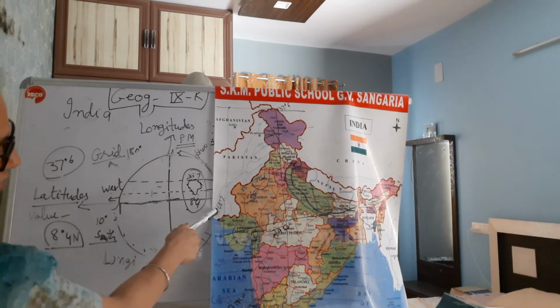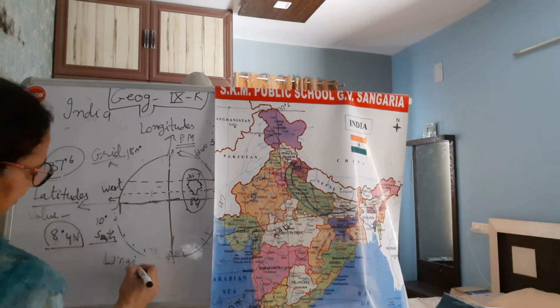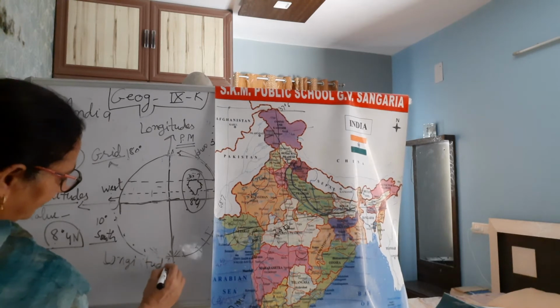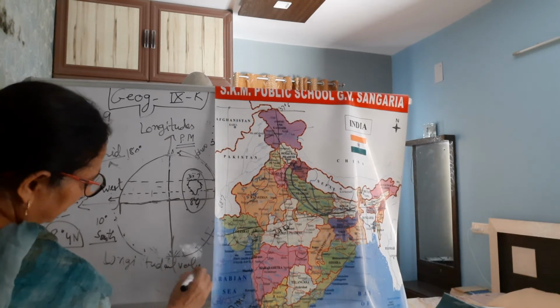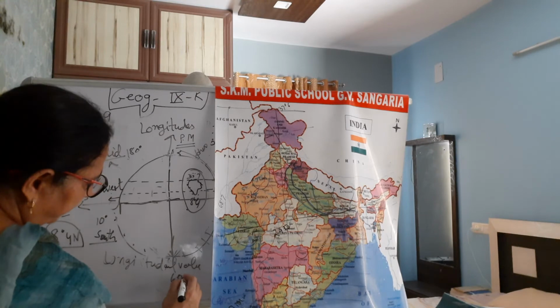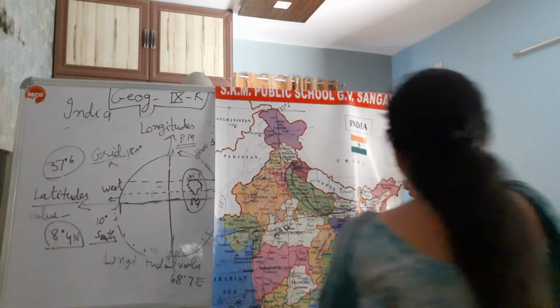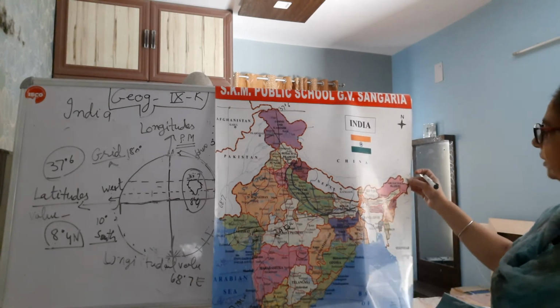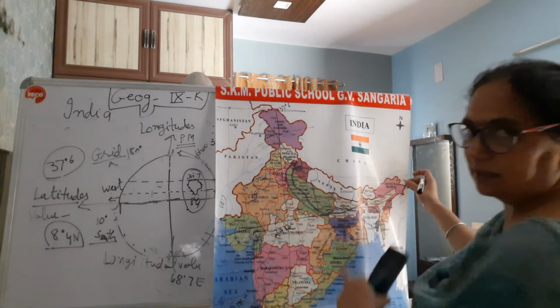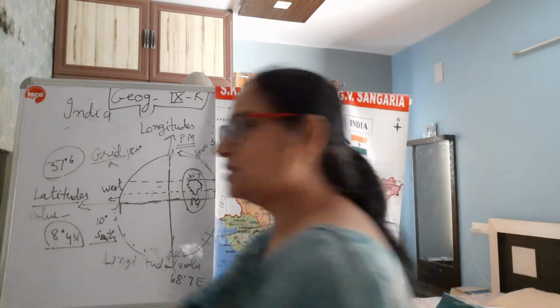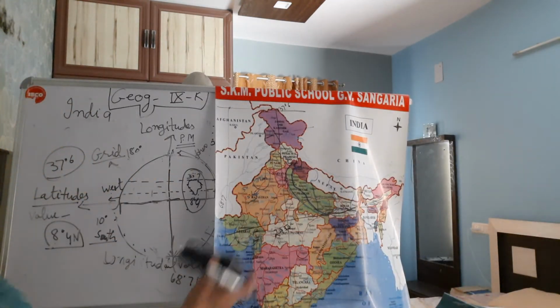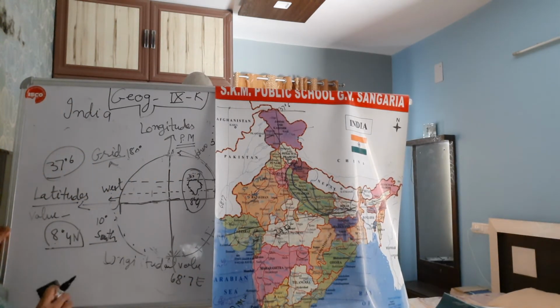Longitudinal value, this much near Gujarat, 68.7 degree east and 97 point something, that is also east. Okay. So this is the latitudinal and longitudinal value of India. Hopefully you have understood. If you want to take a screenshot, you may take it and learn accordingly.